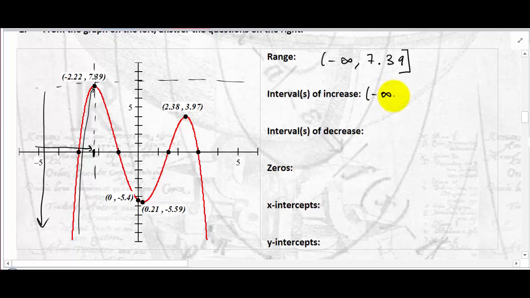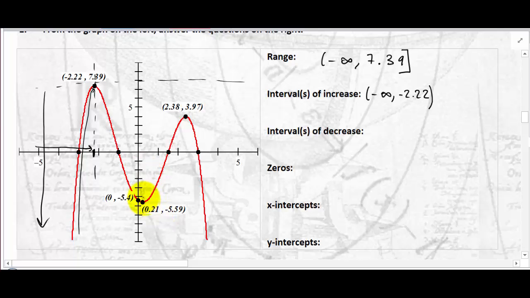So from negative infinity until negative 2.22. Here, it doesn't matter if you put a parenthesis or a bracket. At a given point, the function is really neither increasing nor decreasing. Well, let's put a parenthesis right now. I'm saying something that is not completely precise there, but it doesn't matter, okay?